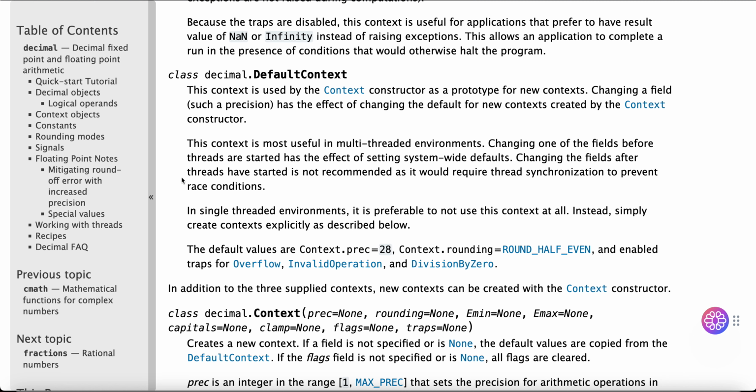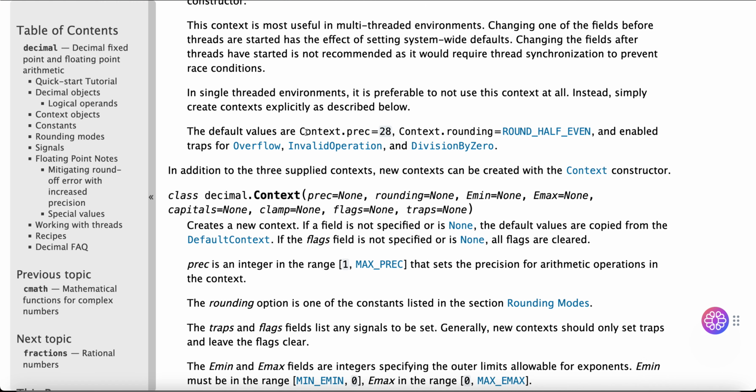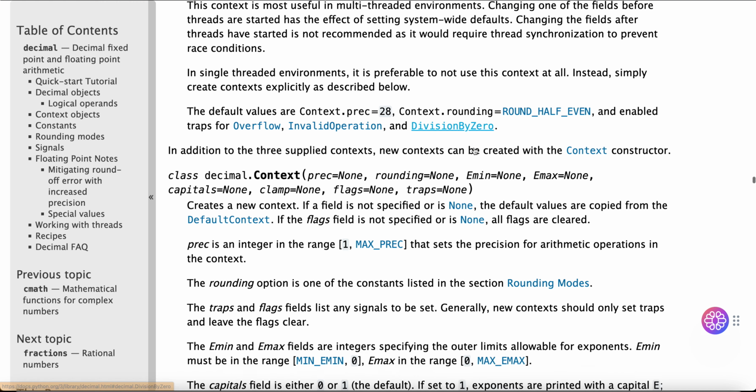Changing the fields after threads have started is not recommended, as it would require thread synchronization to prevent race conditions. In single-threaded environments, it is preferable not to use this context at all. Instead, simply create contexts explicitly as described below. The default values are prec=28, rounding=ROUND_HALF_EVEN, and enabled traps for Overflow, InvalidOperation, and DivisionByZero.